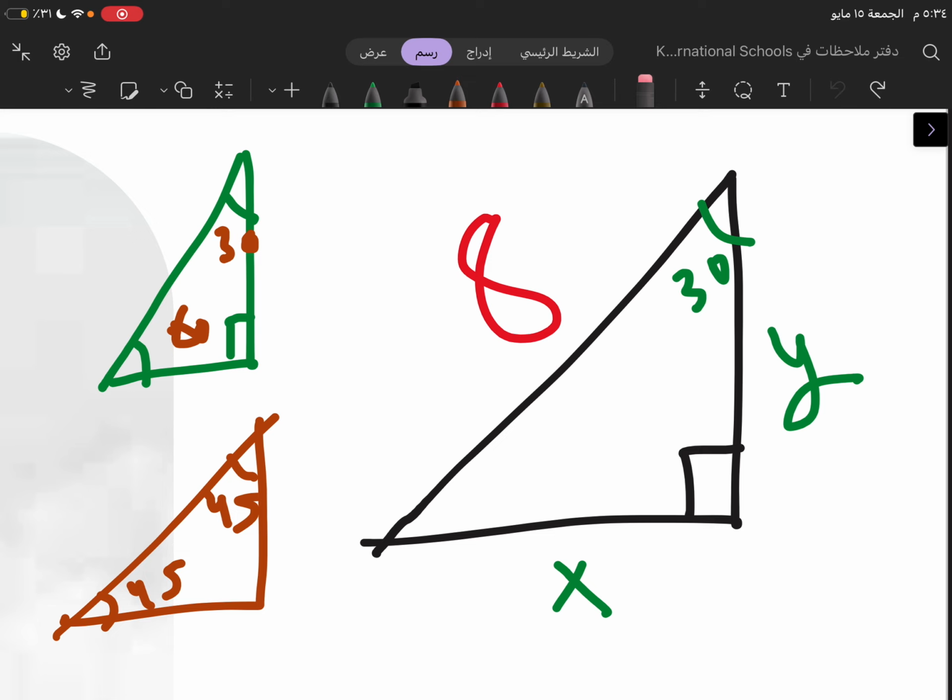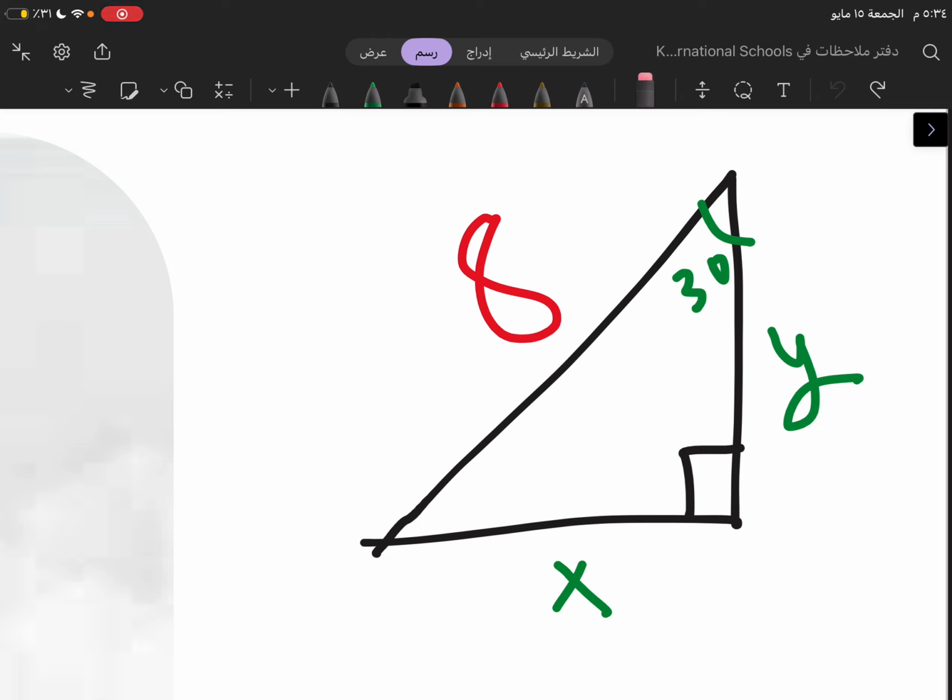And you must know the relationship between the sides in each one. Let us revise the relationship in 30 60 90.